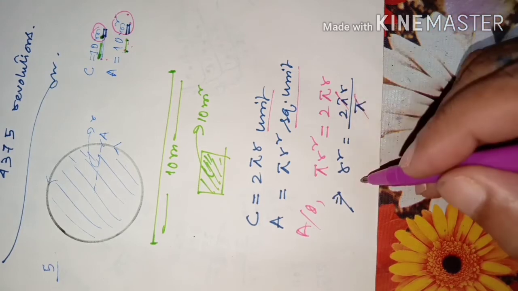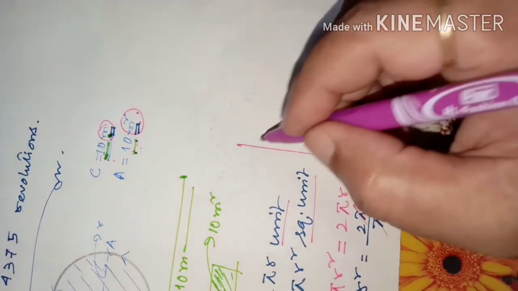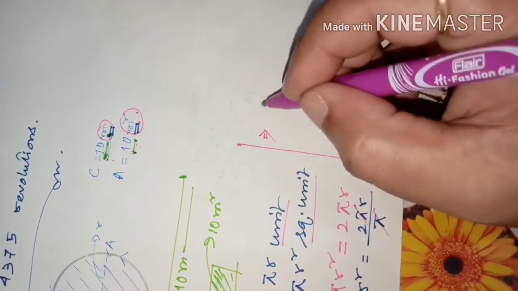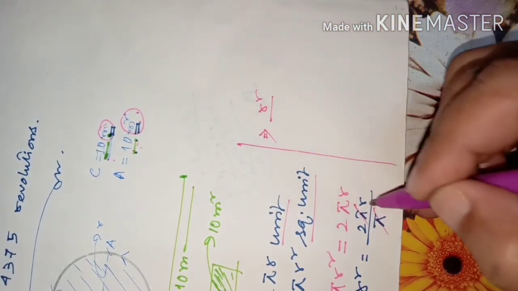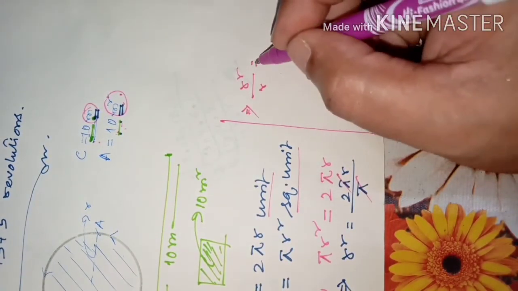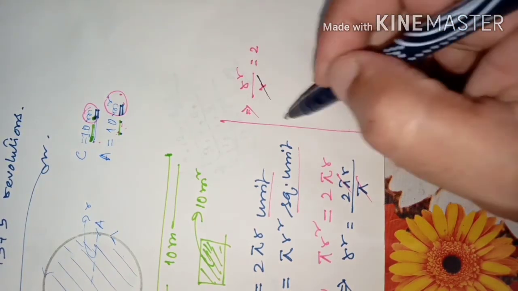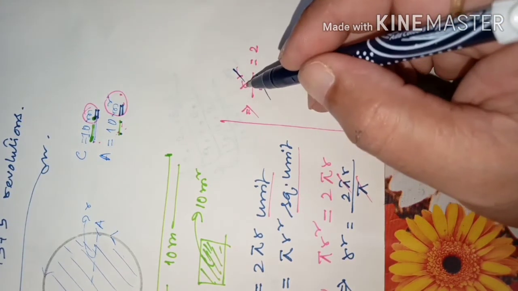That r if we transpose to the left hand side, it will be r square on r is equal to 2. Then this r will get cancelled, because r square means r into r.